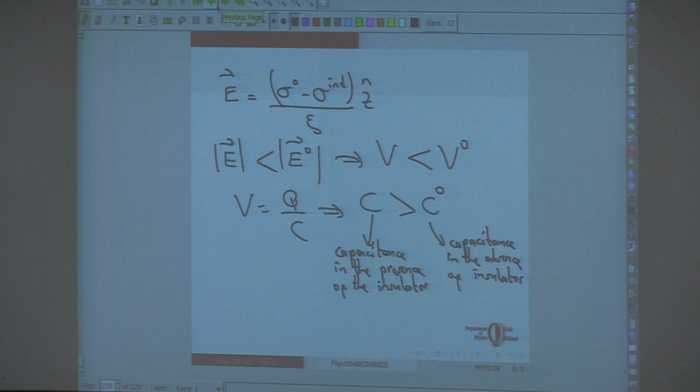Now, if you use a conductor in between, that means it has zero capacitance. You cannot store electric charge there. Remember, the main purpose of capacitors is to store charge. If you put a conductor in between the plates, you are not storing any charge.